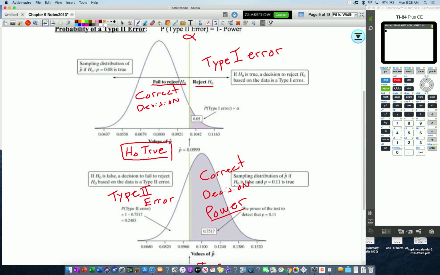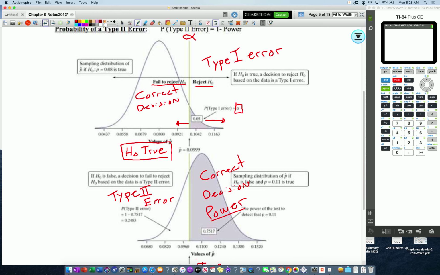If the null hypothesis is actually true and we fail to reject it, we made the correct decision. However, if we rejected it and it was actually true, this is the type 1 error, and hence this is this probability. So this line right here can be arbitrarily moved left and right, so you can adjust it by alpha. If you want it smaller, you're moving in this direction. If you want it bigger, you're moving in this direction.